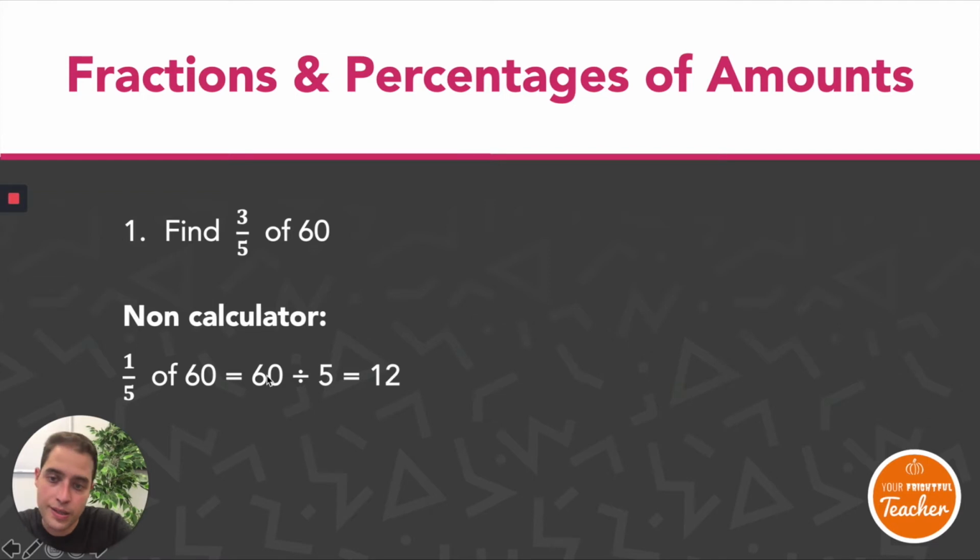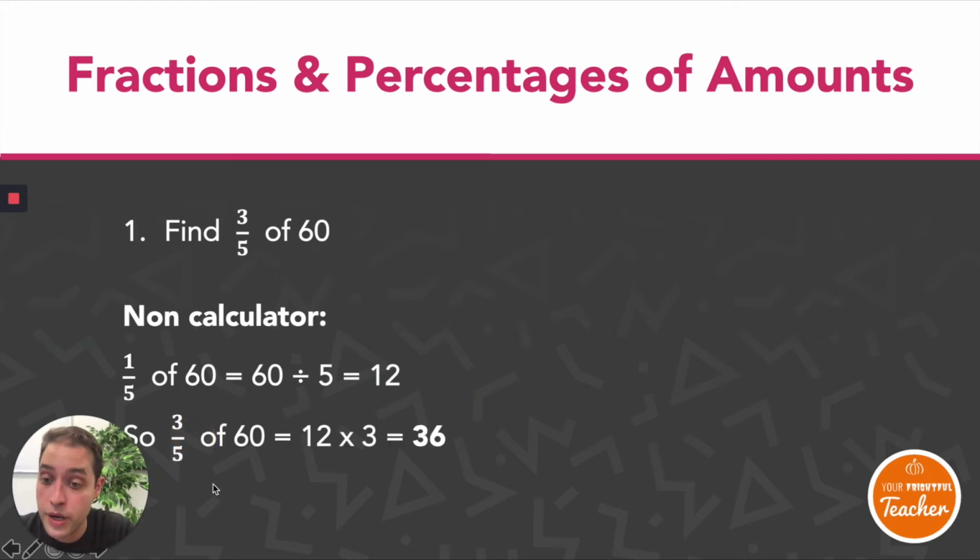So now that I know 1/5, I need to work out 3/5. All I need to do now is times it by that top number. Let me show you. 3/5 of 60 equals 12 times 3, which is 36.